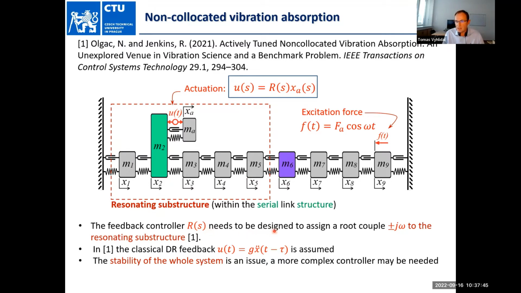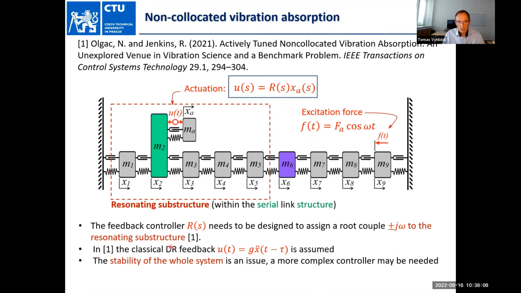And the task is similar to the delayed resonator itself, or the collocated delayed resonator. We need to place a root couple at plus minus j omega, but not to the resonator alone, but to the whole structure, which is a bit more complex, but doable.